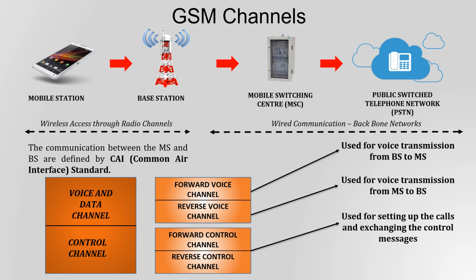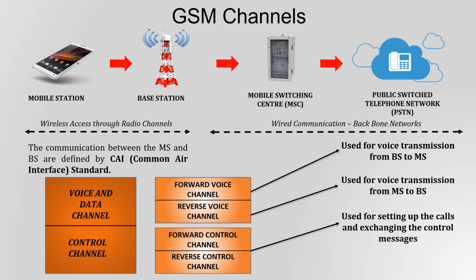This channel bandwidth has to be divided into two halves: the first half is responsible for transmitting my voice and data, and the second half is responsible for exchanging the control information. The first set of channels is called the voice and data channel, and the second set is called the control channel.